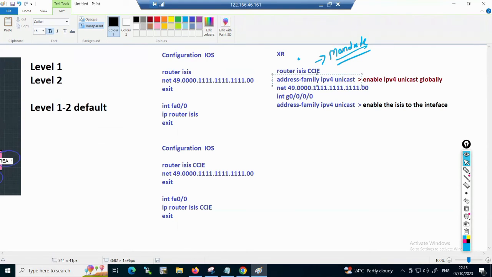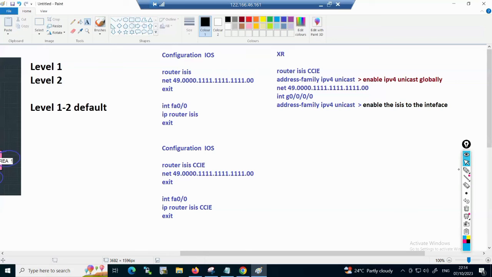But I also need to tell this guy, hey, you know one thing, this interface, because on this single interface, you can configure the IPv4 address and IPv6 address. So I'm telling this guy, on this particular interface, I'm going to enable the IPv4 ISIS protocol, not the IPv6 one. So you need to enable the address family over there as well. If you don't enable it, it's not going to work.